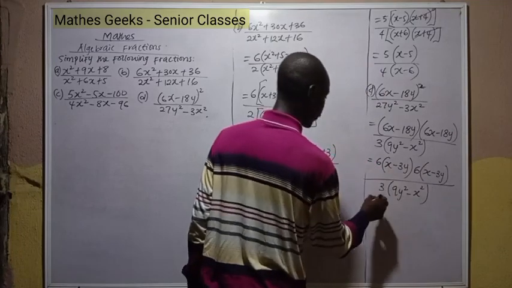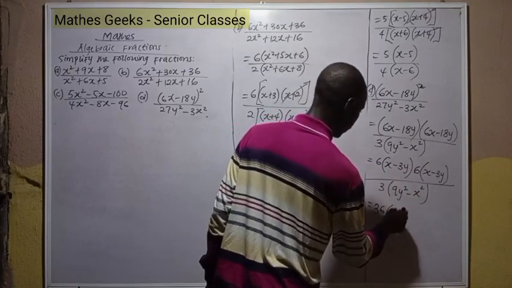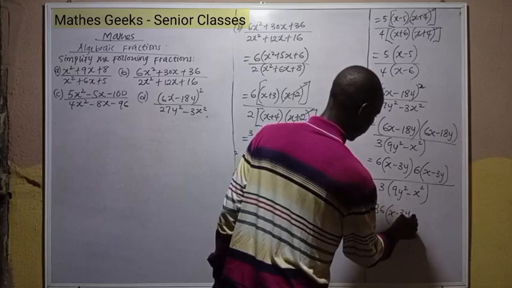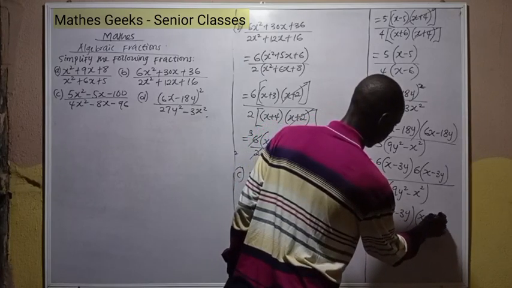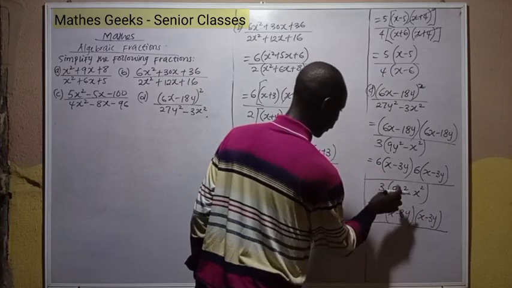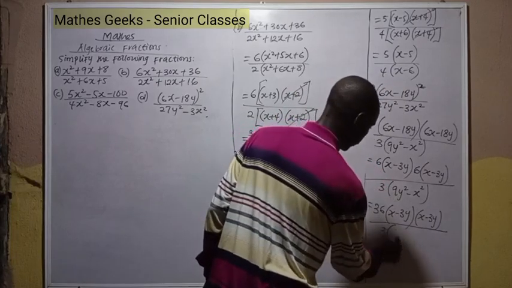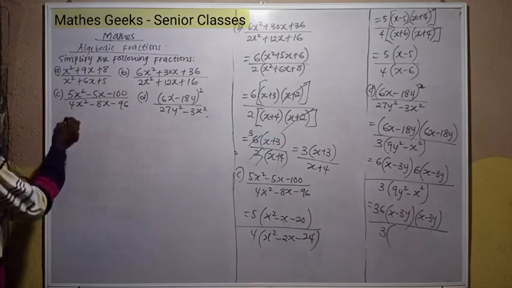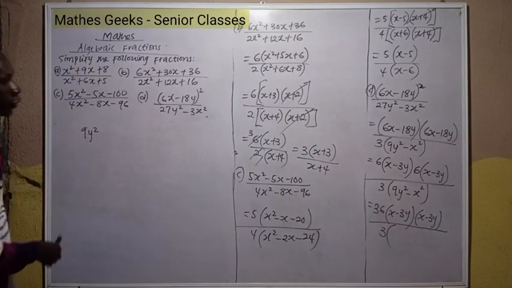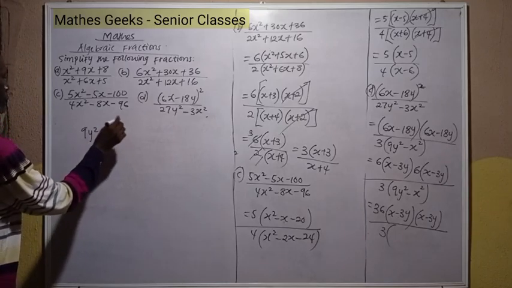So 6 times 6 will give us 36, and then you have x minus 3y, and then x minus 3y. Then you come here, this is 3. Now let's simplify this 9y squared minus x squared.